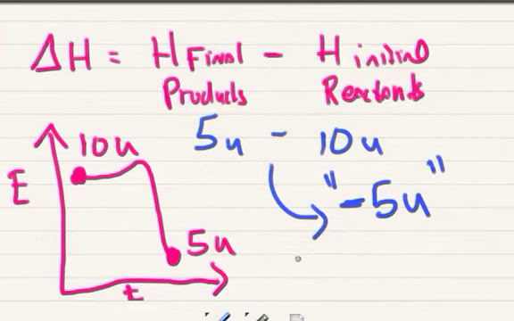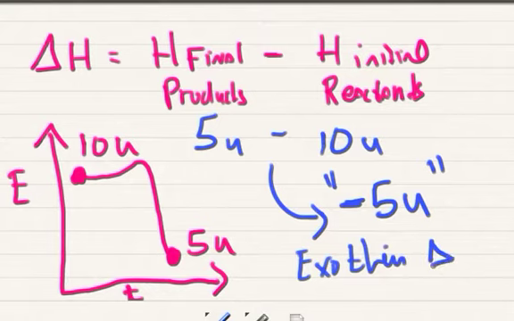So when I have an exothermic reaction, my delta H will be negative. It's negative because my final is going to be less than my initial. I am losing energy. I am giving energy off. So my delta H is negative in this case.